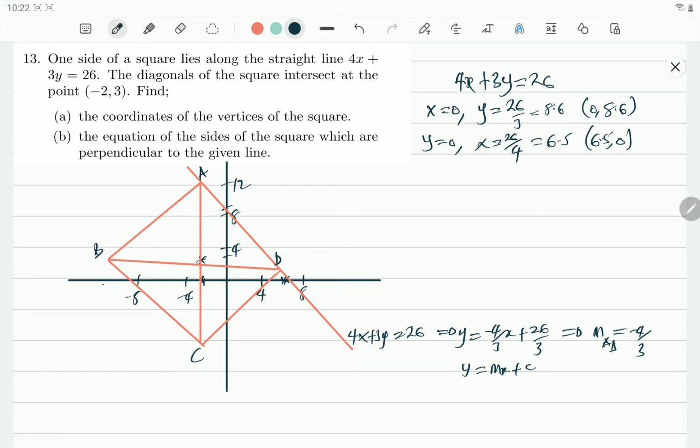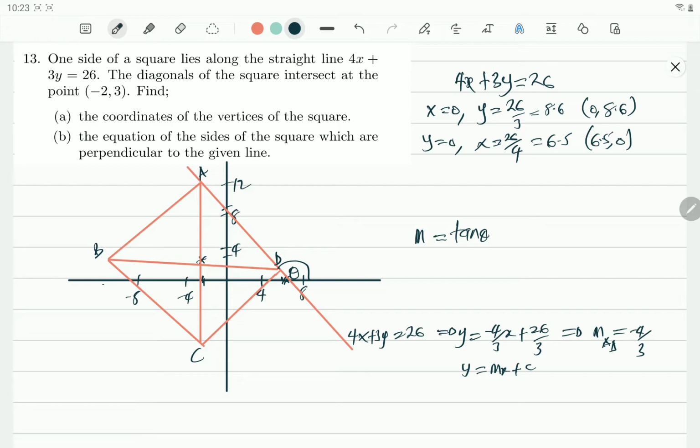Now another interesting thing about gradient is that any line whose angle to the x-axis is known can have its gradient known with respect to the angle. The gradient of a line can also be given in terms of the angle it makes with the x-axis, from the idea that the gradient is the same as tan of the angle it makes with the x-axis, right?